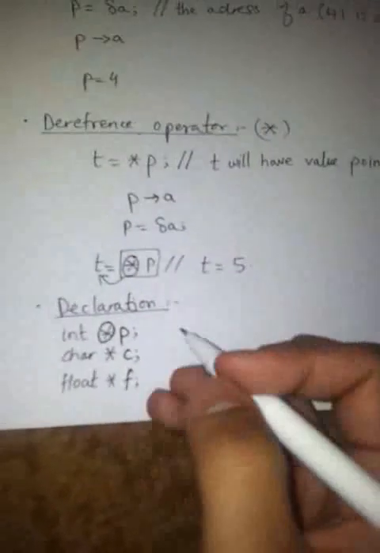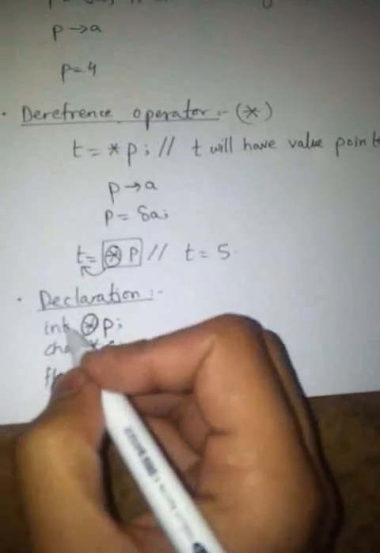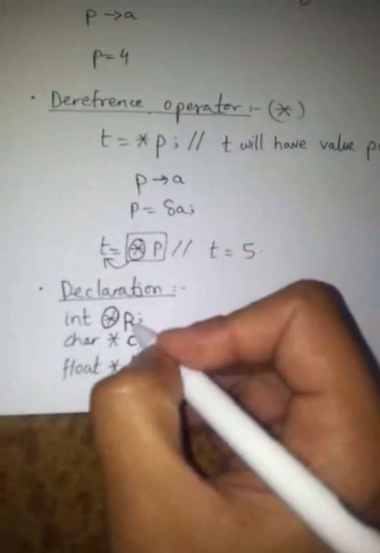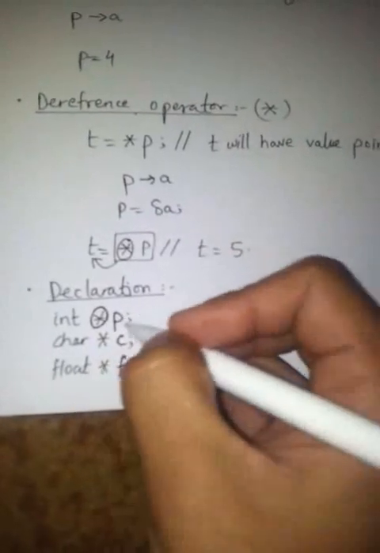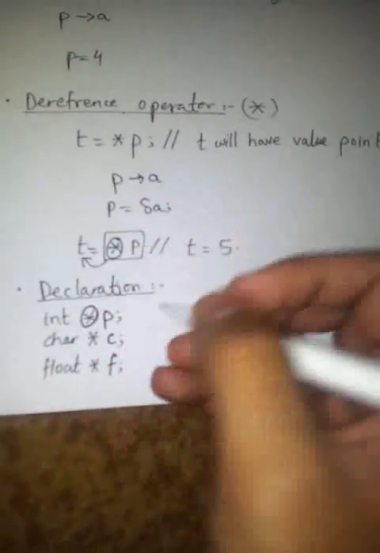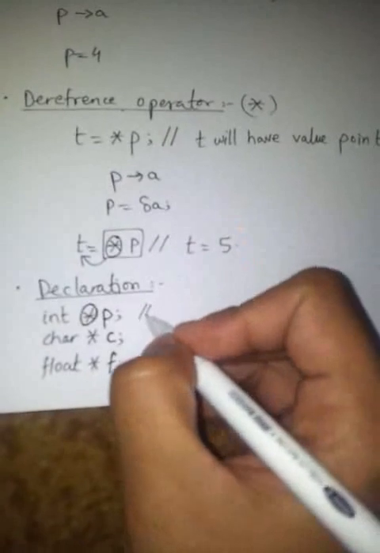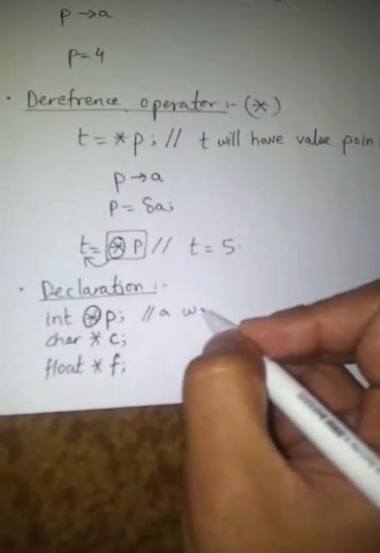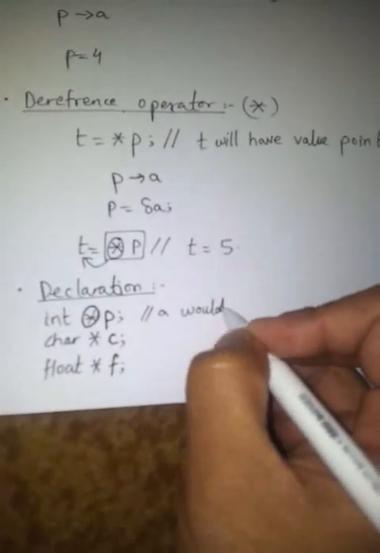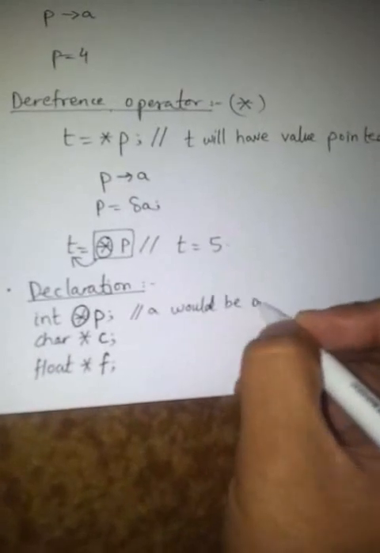Another thing you should know is that it doesn't mean that p is of integer type. It means that the value pointed to by p, which in our example is a, would be an integer.